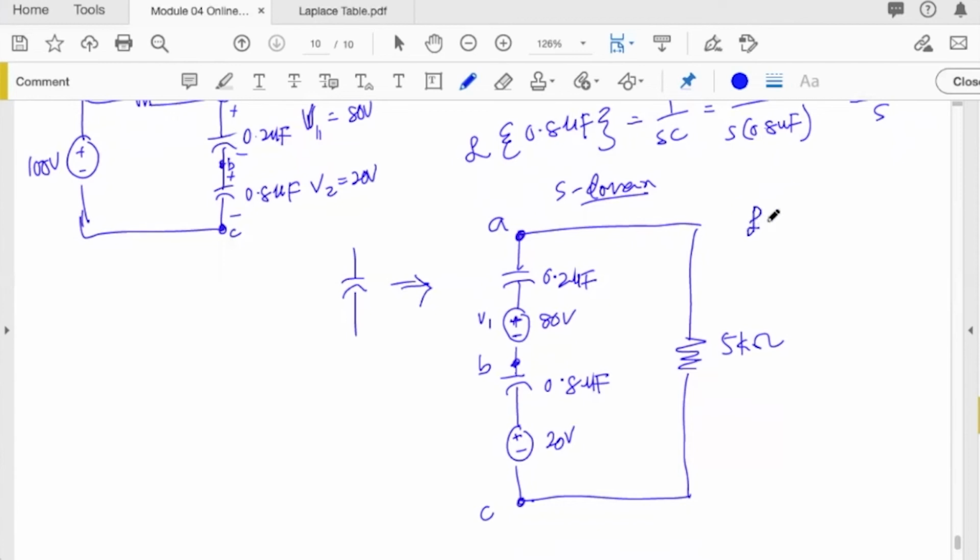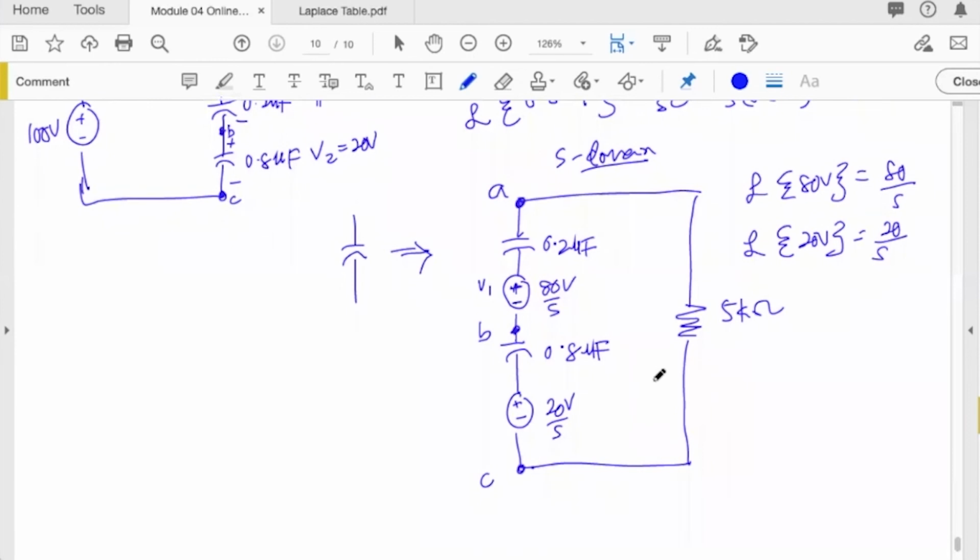So if you apply Laplace transform of 80 volts, you will get 80 divided by S. And if you apply Laplace transform of 20 volts, you will get 20 divided by S. Okay, so this is actually 80 divided by S, and that one should be 20 divided by S. So this is your complete circuit in S domain.